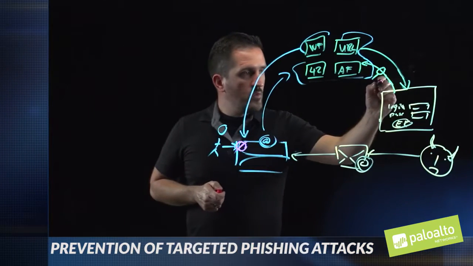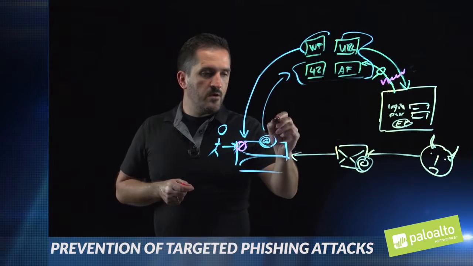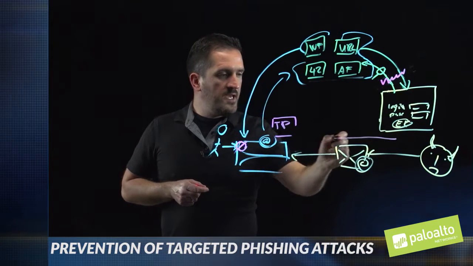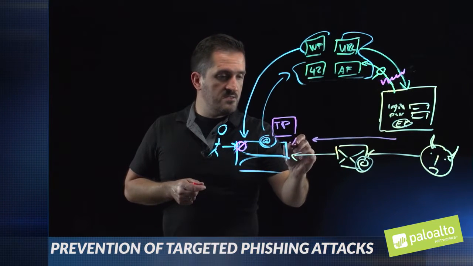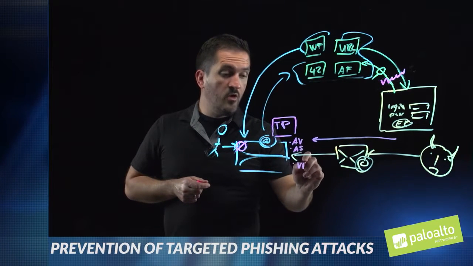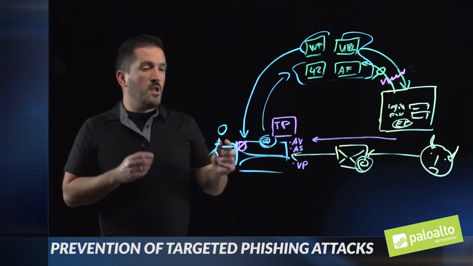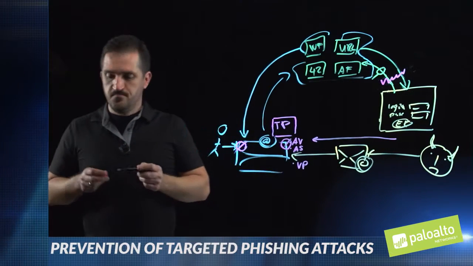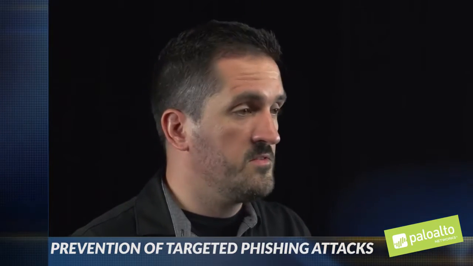So even in those cases where we cannot access this page, we still have methods available as part of our threat prevention subscription to analyze the server payload as it comes back from the website and identify viruses using our antivirus signatures, spyware using our anti-spyware signatures, or any other kind of vulnerability that we can address through our vulnerability prevention, and still block this malicious payload from being delivered to this user.